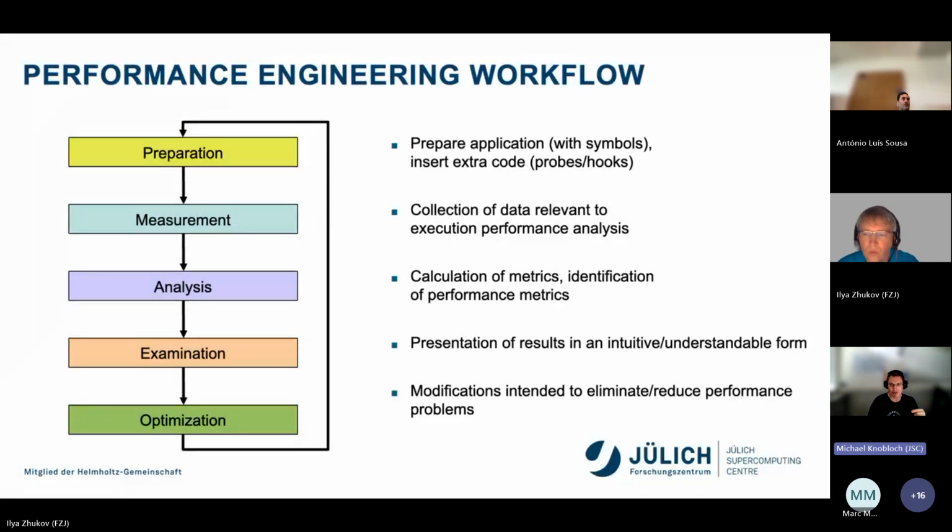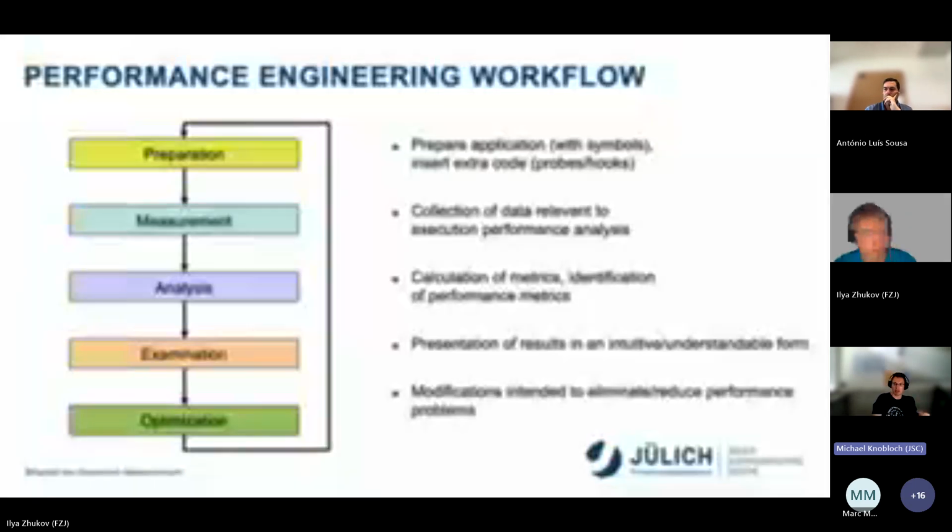Tools help you with the first 4 steps, but there is no magic tune-my-code button in any tool that I'm aware of. There are some hints on what you can do in many of the tools, but no tool will be able to fix your code for you. And of course, this is an iterative process. So whenever you fix a bottleneck, you can tackle the next one.